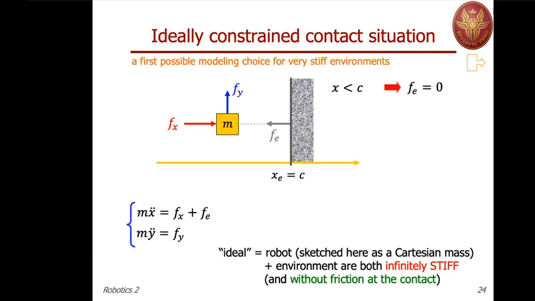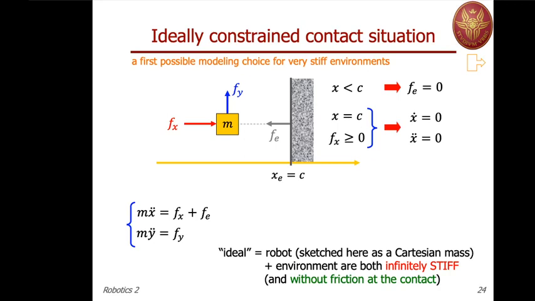Then the environment reaction force, so the contact force that is generated when you try to penetrate the stiff environment, is equal to 0. And so we have the conventional situation of a free mass moving in xy.